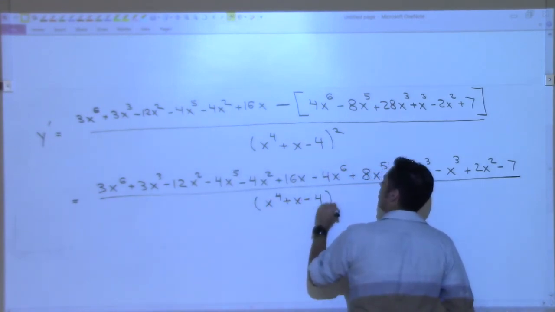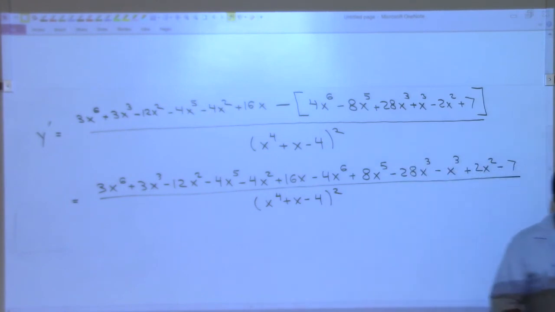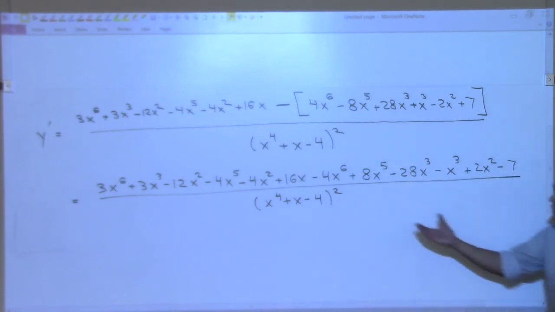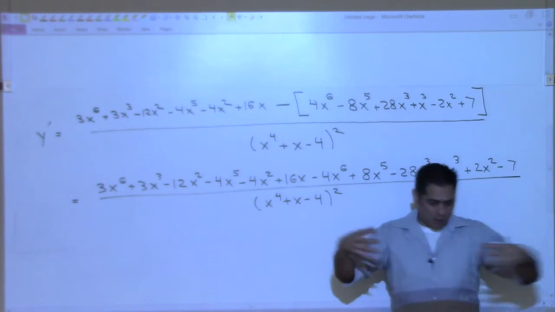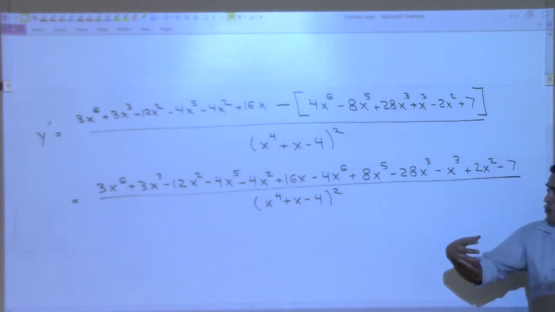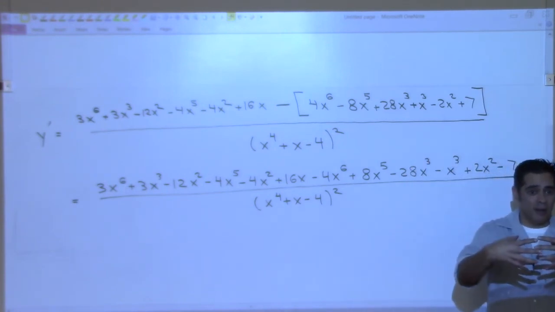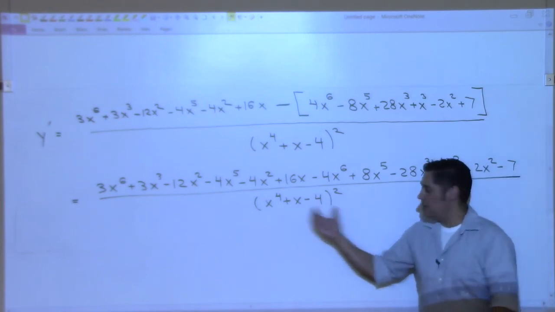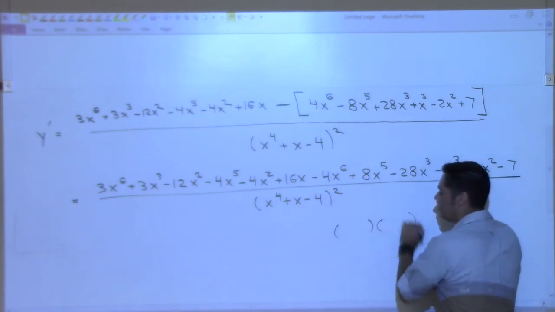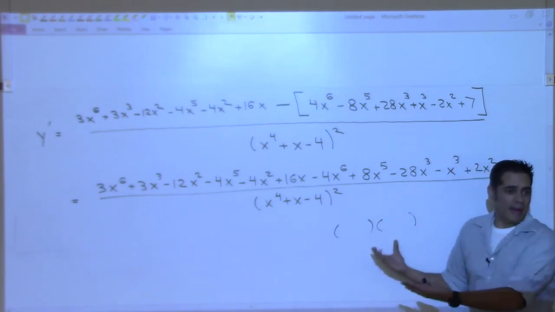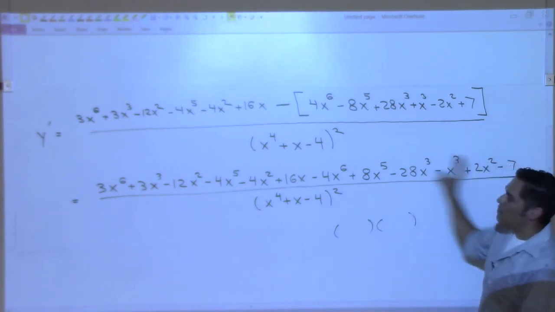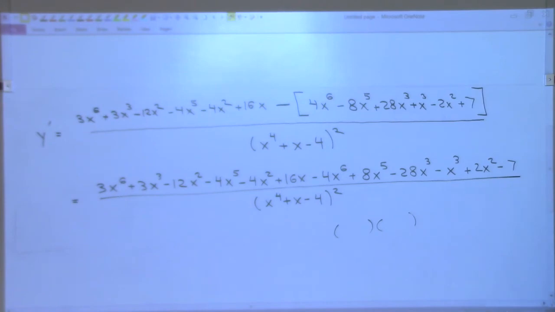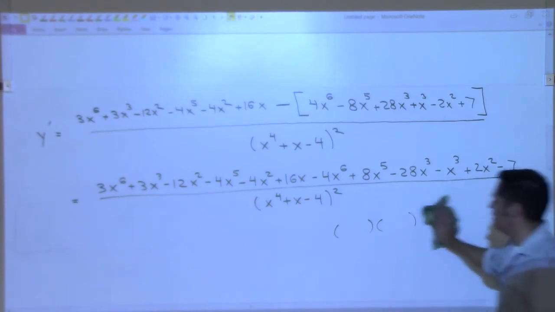No, we're not going to expand the bottom. We're going to leave that alone because if you multiplied it out, one of the things we would want to do later is put it back together as something factored. That times itself is technically factored. So we're going to leave it. It's just the top is not, because we have to combine it all together. Maybe when we put it all together, we can factor it. I don't know. We're going to have to see.